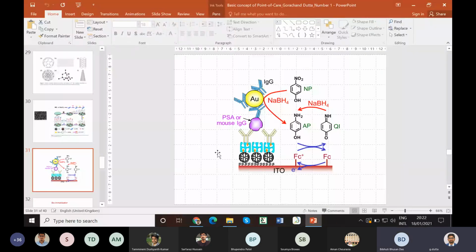Generally, just for your information, the washing buffer can contain some surfactant, some BSA, bovine serum albumin, or Tween 20, something like this. They help to remove the unwanted pieces, and they help to block the surface so that other unwanted proteins will not be adsorbed on the surface. Just for your information, I will come to that point.